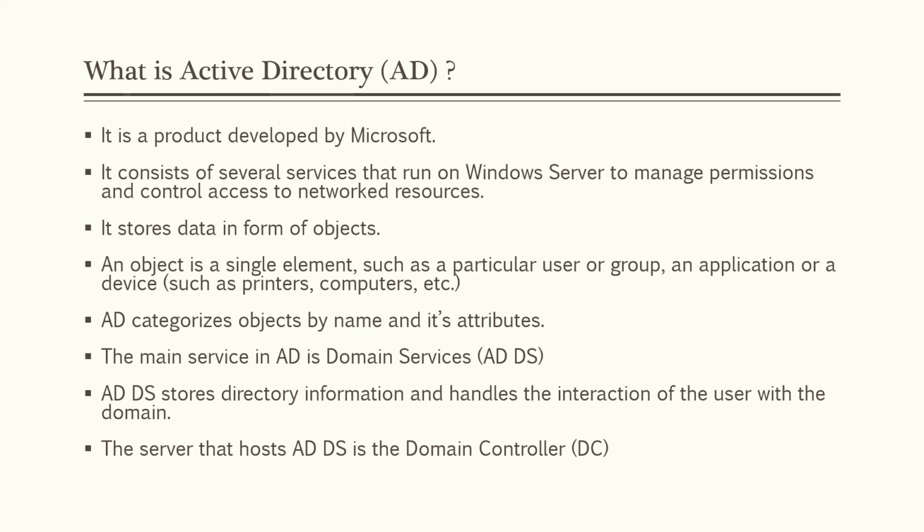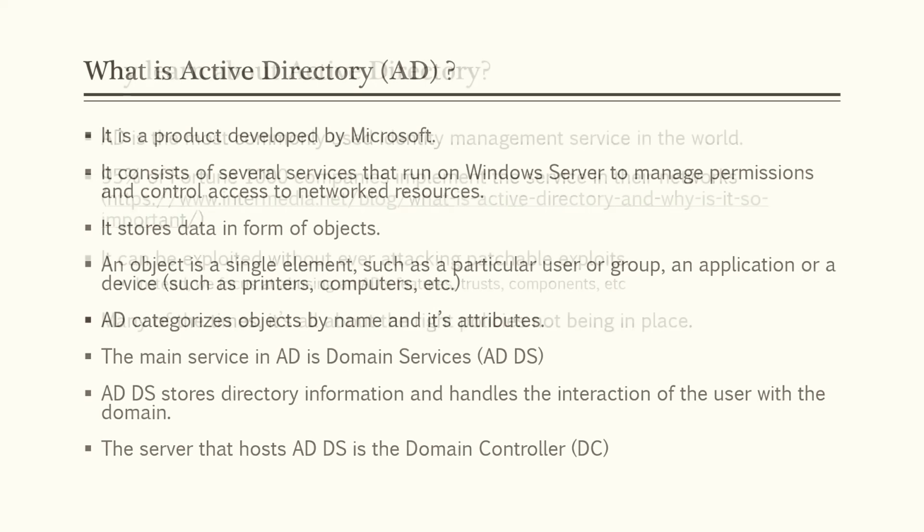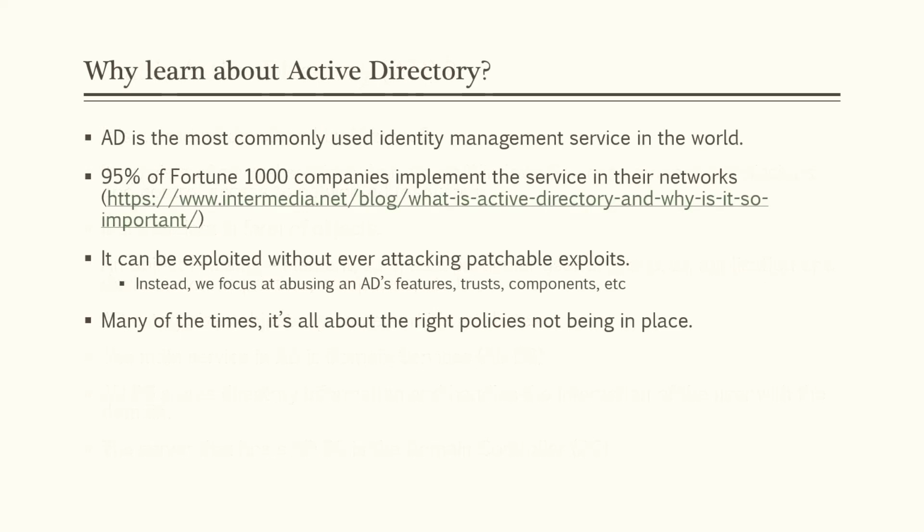So everything that a user can possibly interact with, be it the policies or the groups or the objects or the user accounts, service accounts, all of these interactions are controlled by the domain services. And furthermore, any server that hosts the Active Directory domain services is called the domain controller, which is also sometimes referred to as DC.